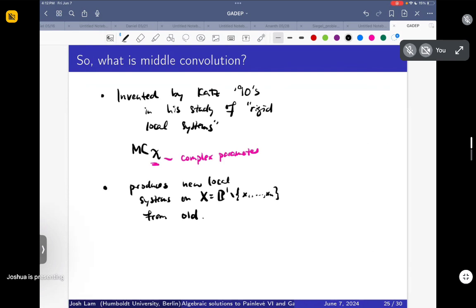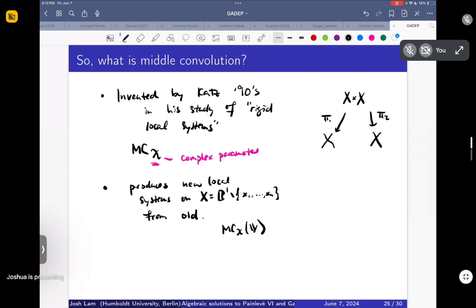And the way this works is some kind of analog of the Fourier transform. So basically, we have our X here, and we consider the product like this. And MC_chi of V: V will be the old local system we started with, and MC of it will be some new local system.